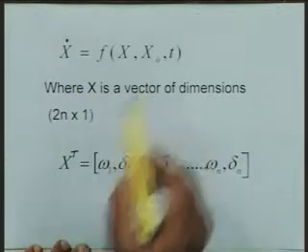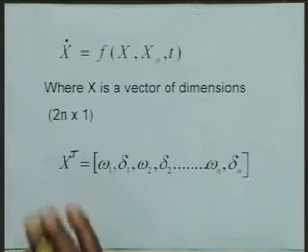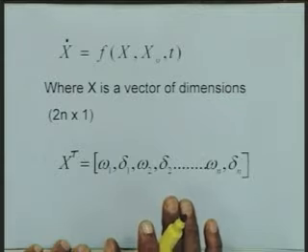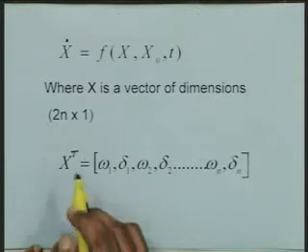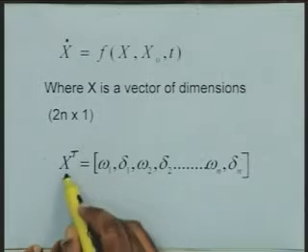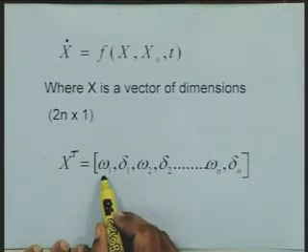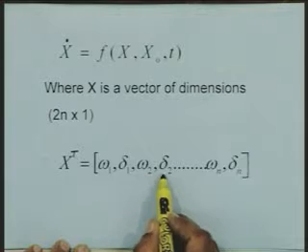These are all first order non-linear differential equations, or we can say a set of 2n first order coupled non-linear differential equations. They are all coupled. Now x is the state vector, and the state variables are omega 1, delta 1, omega 2, delta 2, up to omega n, delta n.